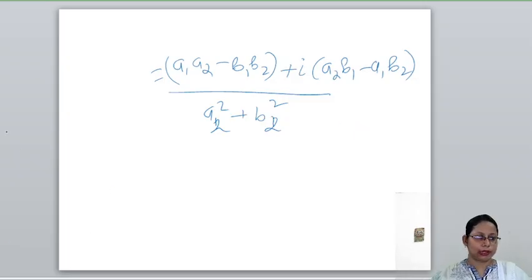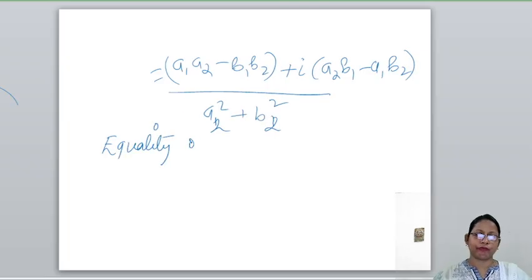Next is equality of two complex numbers.